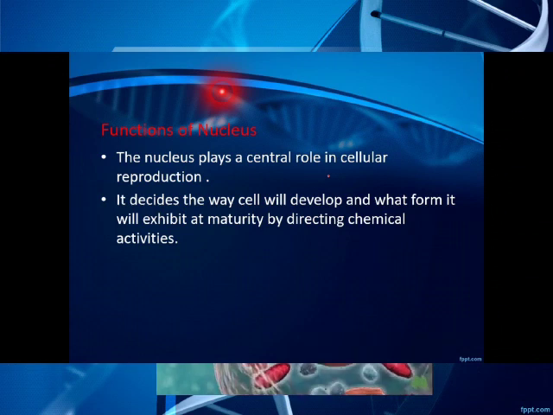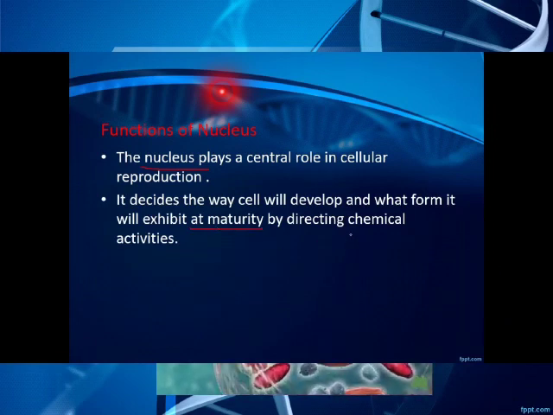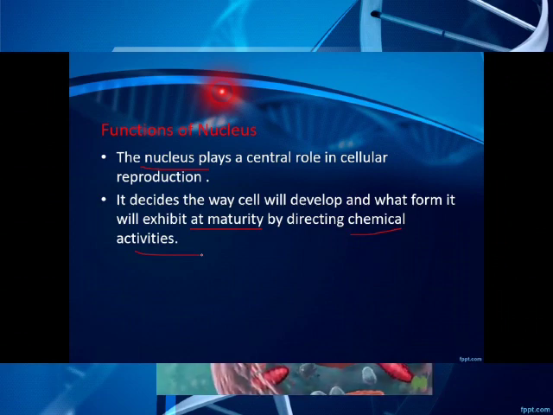Your body's skin cell will divide and give rise to its own skin cells. For that, nucleus plays an important role. And here, this is what I explained, where the nucleus will decide what the cell will give rise to during its maturity. And all these things happen because of some chemical activities which take place in the cell.